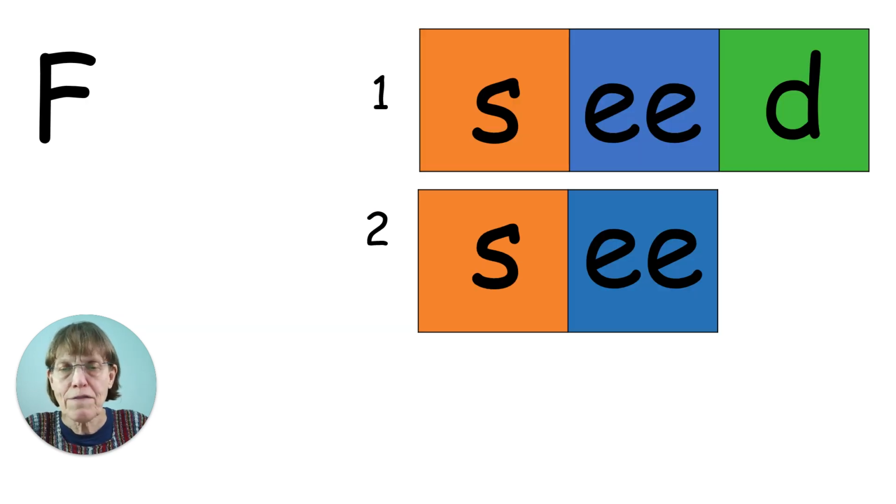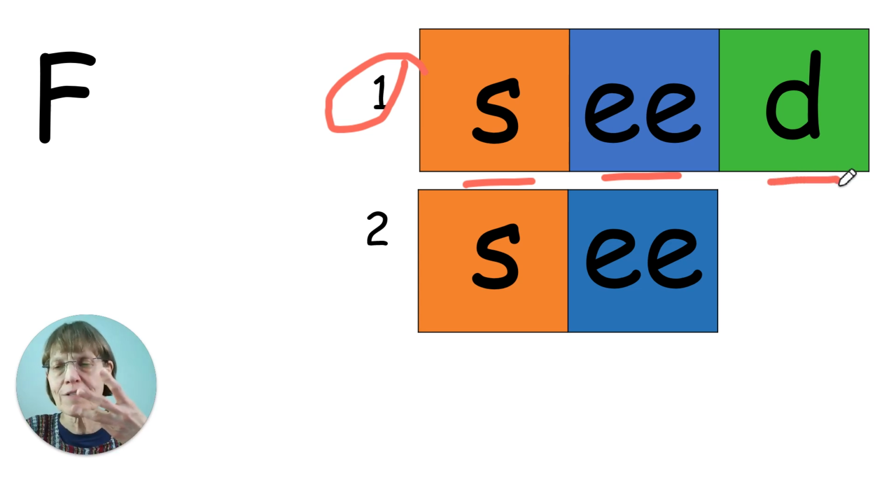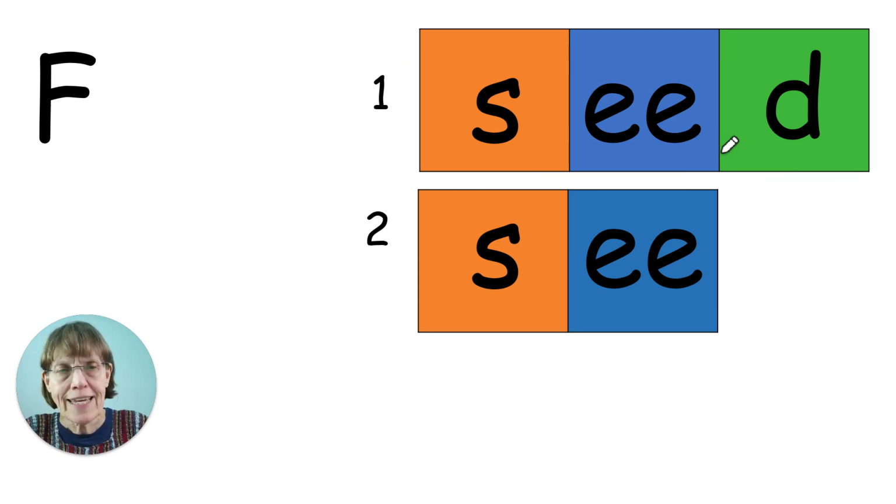When we go to F, our first word, number 1 word, is seed. S, E, D. 3 sounds. Notice that the E vowel has 2 letters, 1 sound. E. Smile number 1. Big smile.